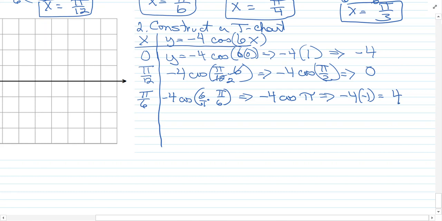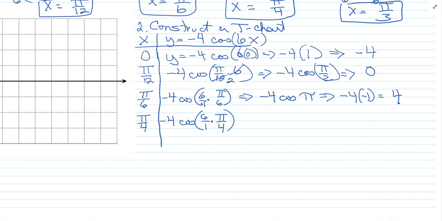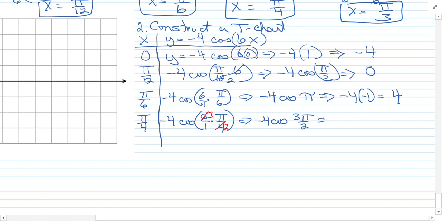All right, then I have pi fourths. So I'm going to have -4 cosine of 6 times pi fourths. Okay, well, when I reduce that, and I'm going to use this guy because I need you to see that I'm dividing by 2. So that gives me -4 cosine of 3 pi halves, which gives me a 0.